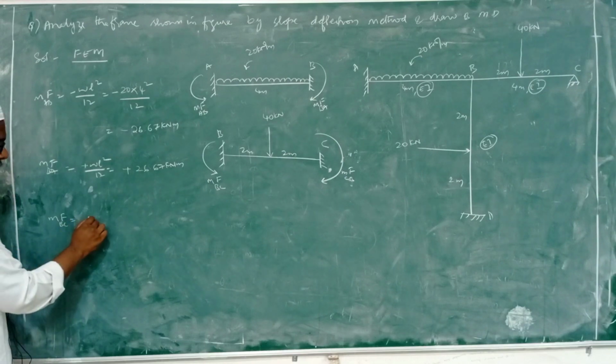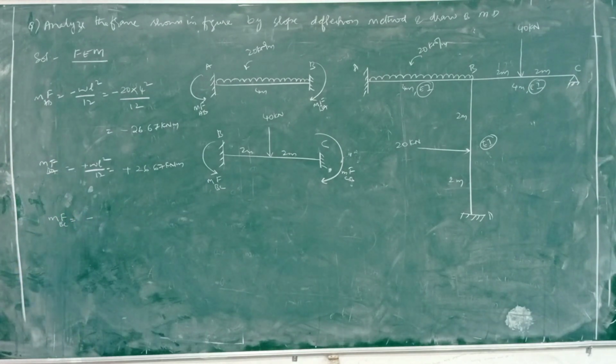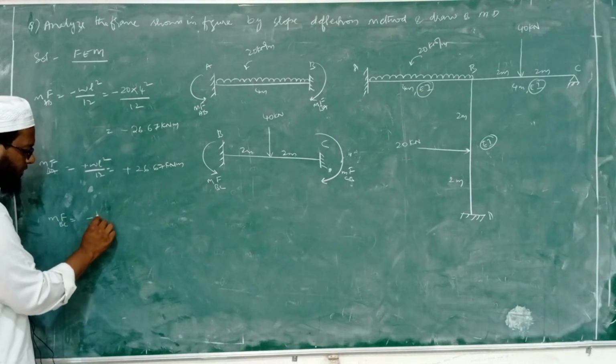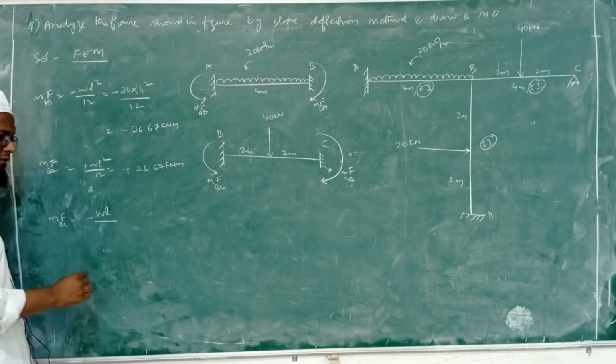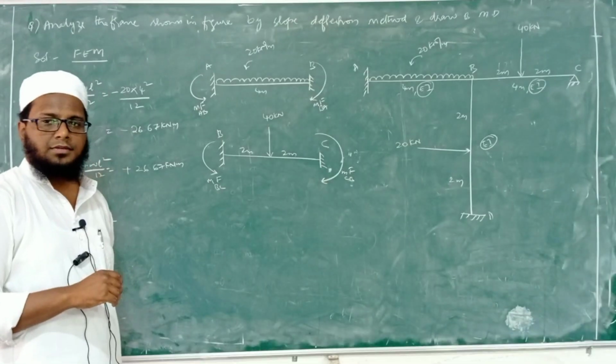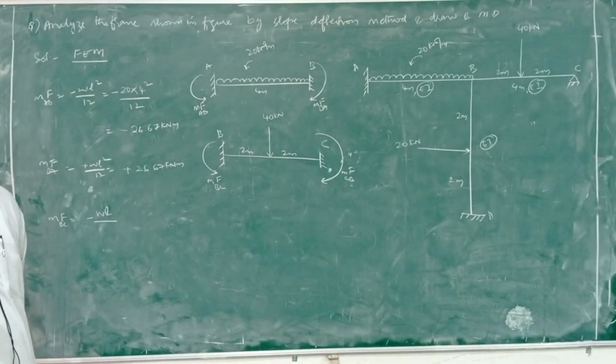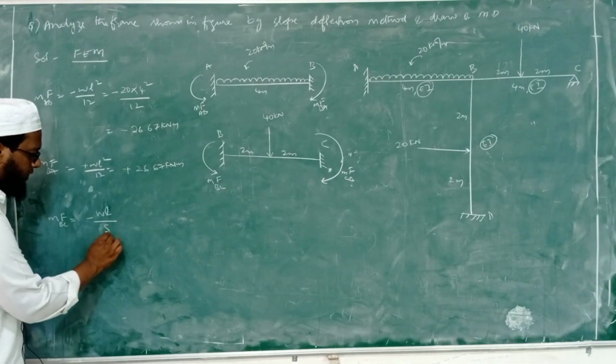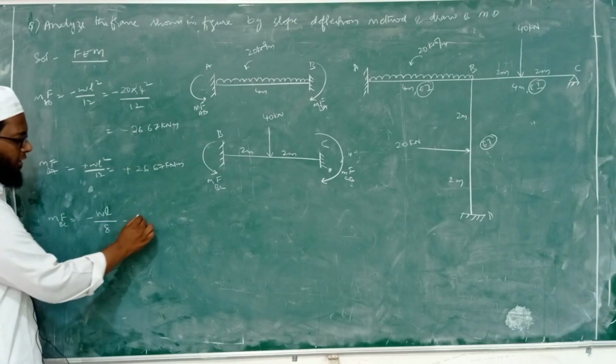MF BC is given as minus WL by 8. I have given you the formula, right? For a central point load, the fixed end moment is WL by 8, so minus WL by 8.